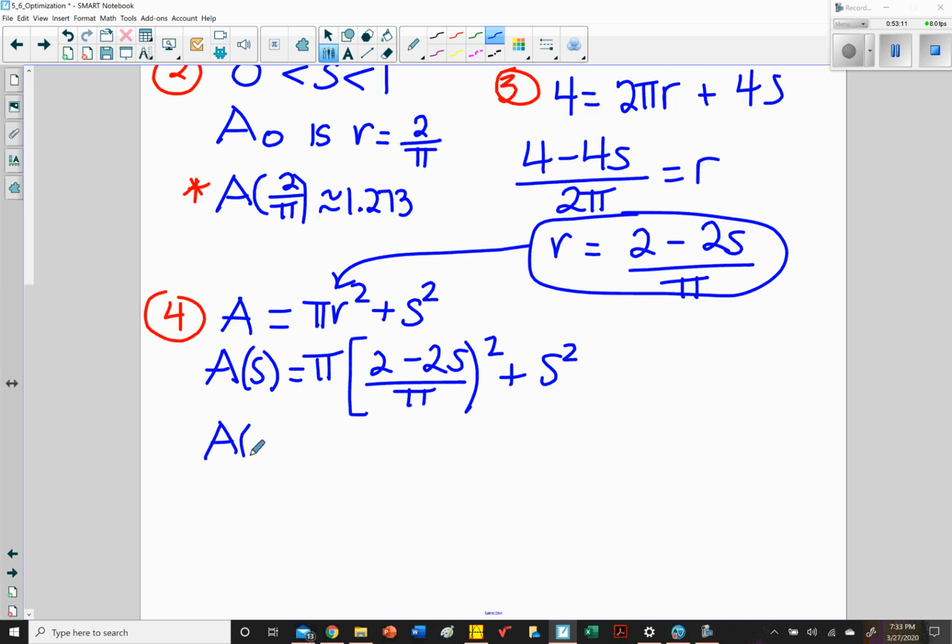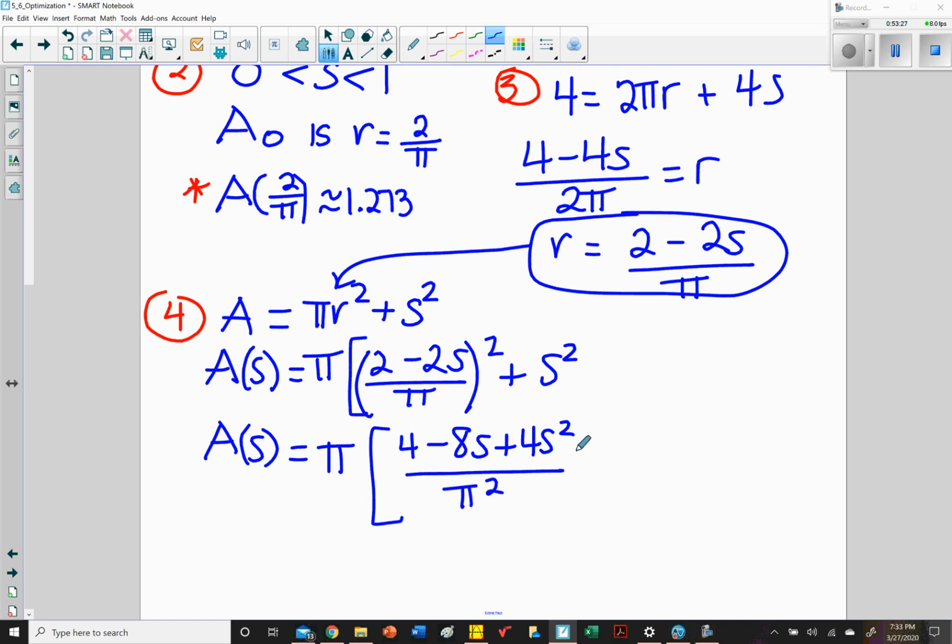Expanding all of this out, we've got 4 minus 8s plus 4s squared over pi squared plus s squared.